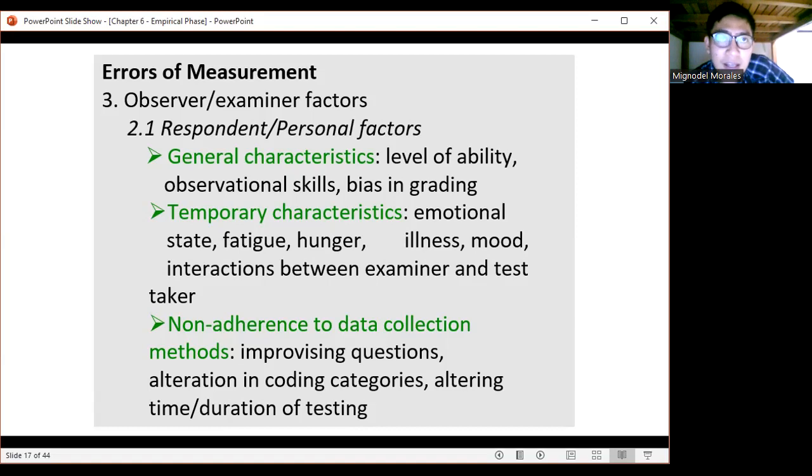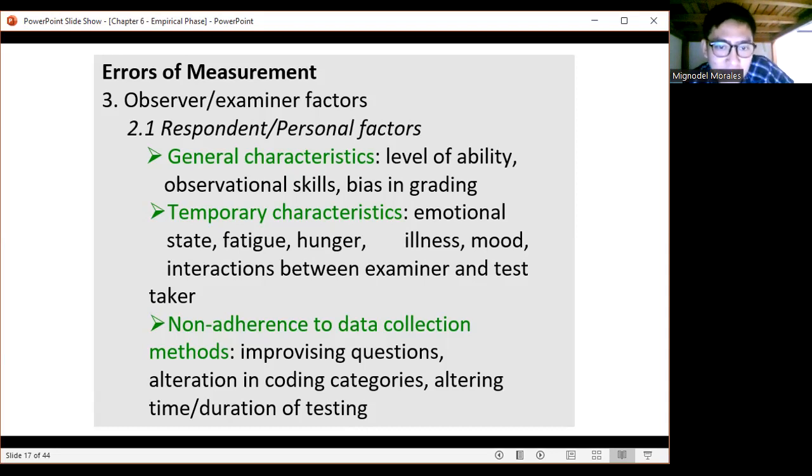Kaya nga nagba-bracketing. We do bracketing before our data gathering, because in bracketing we remove our biases and previous ideas. Okay, again, it has emotion, fatigue tayo din, even if we are hungry, if we are irritated. So the manner of questioning could be affected also.